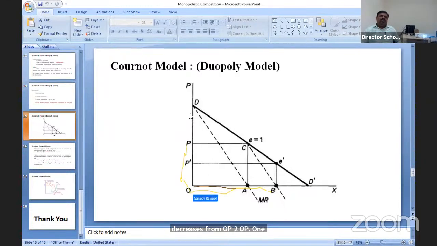Are you getting? So in this way, the firms perform according to their opponent's strategy. And in the duopoly market, the firms are heavily dependent on the strategy which is going to be executed by the rival firms. Okay, I wanted to make this clear.